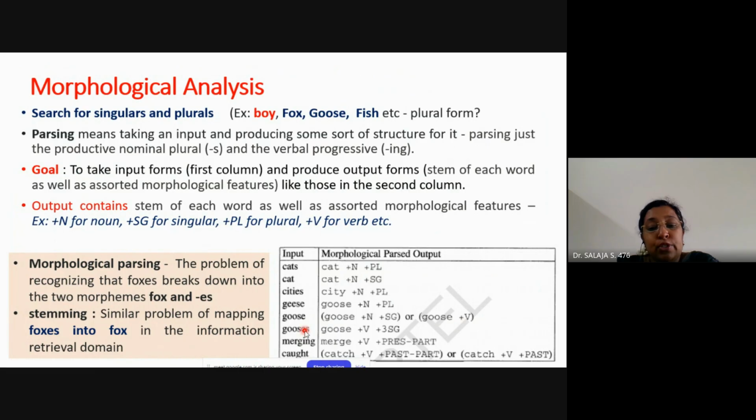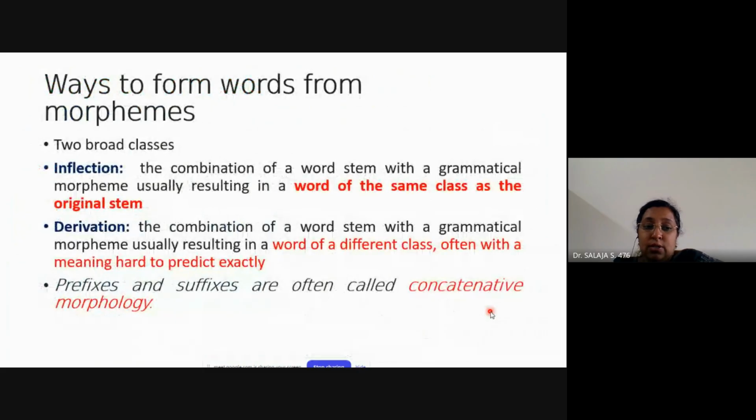Now I am supposed to choose the one among these two which perfectly matches that particular constraint. So we are again talking about inflection and derivation. Inflection is adding a particular morpheme, a prefix or a suffix, that gives the same class but in a different tense or a different number format, and you call it inflection.